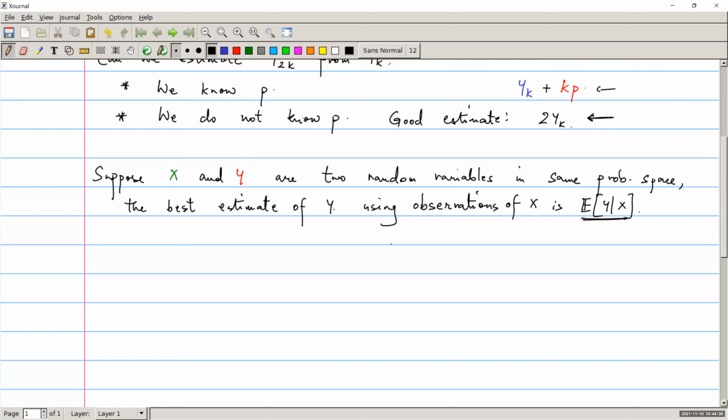This particular quantity that we write also behaves in the same way. It's not a fixed number.